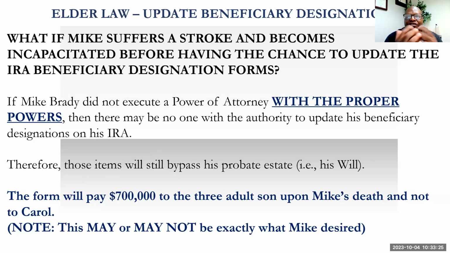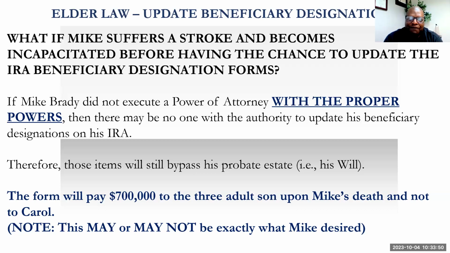Now, putting an elder law spin on it. While Mike was alive, he has these beneficiary designations, three sons. If he had a stroke and became incapacitated, the question is, what happens? So there's two usual scenarios where we see the problem. Either someone never had a POA, so no one has the authority to update the forms.